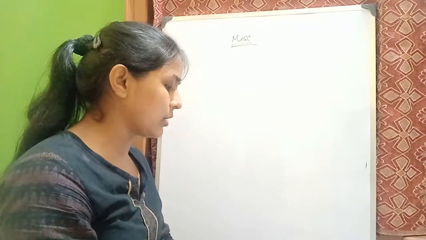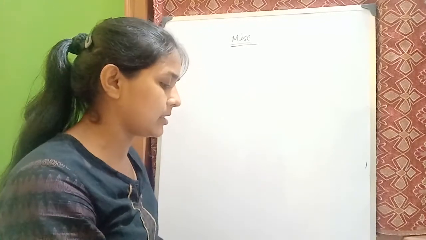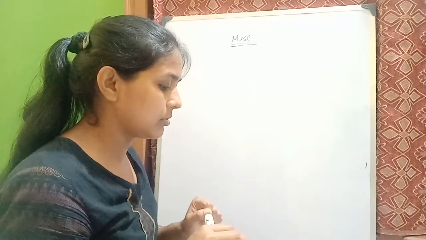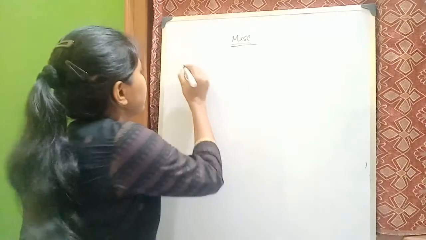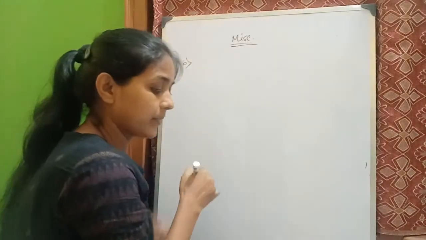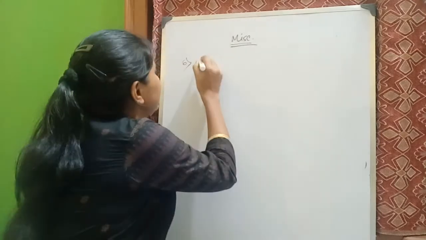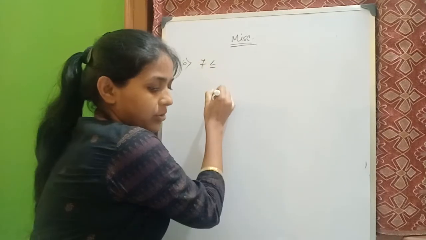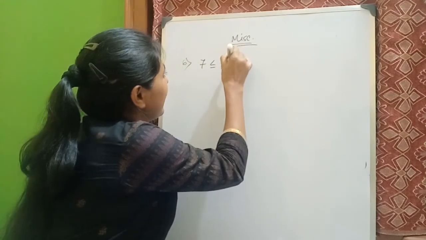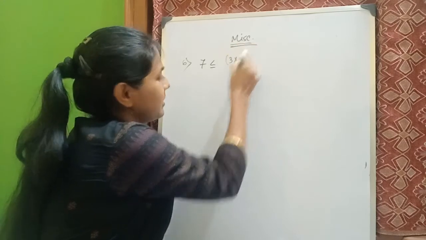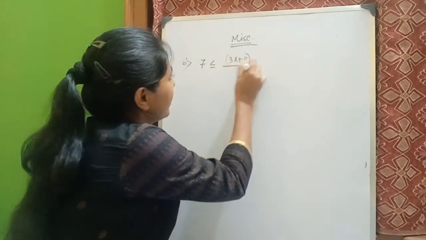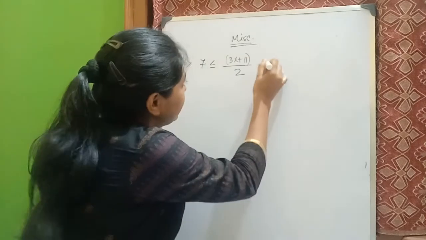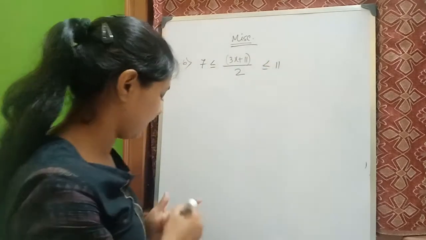So I'm choosing a question from this, that is number 6, miscellaneous number 6. This is 7 less equals to (3x plus 11) divided by 2 less equals to 11.